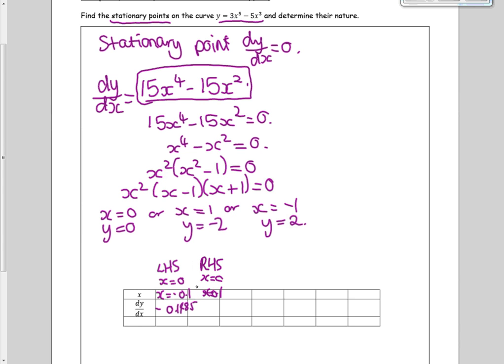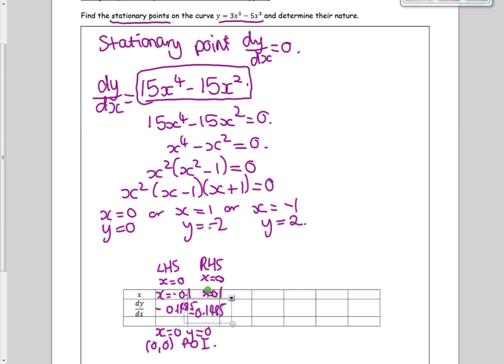And again, if we substitute x equals 0.1 into this, we come out with minus 0.1485. So because each side of x equals 0 has the same nature of gradient, which is negative, we know that at x equals 0, y equals 0, which is the coordinates 0, 0, we have a point of inflection, which you would expect because we have an x squared, which is a repeated root.